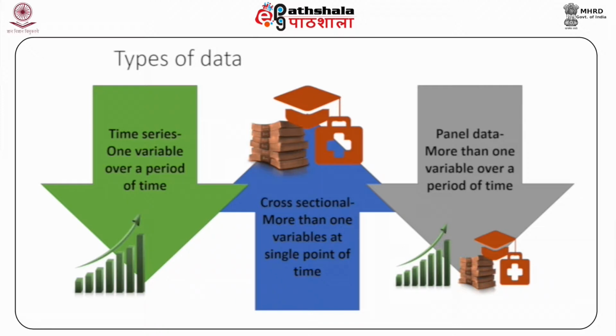For example, to analyze the standard of living of people for the year 2013 to 14, one may collect the data related to income levels, education levels, health status, etc. for the same year, that is 2013 to 14. Panel data is multi-dimensional data for more than one variable over a period of time.